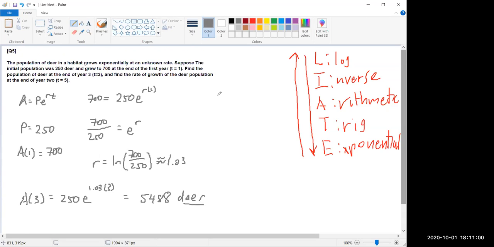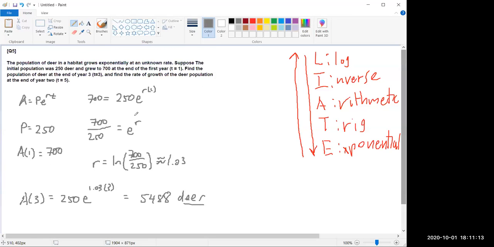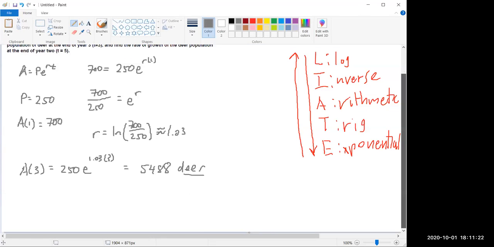So when they say find the rate of growth of the deer population, what is that referring to? Yeah, so the rate of growth of the deer population is the derivative of the deer population equation. What we have right now is the equation A of t equals 250 e to the 1.03 t, right?